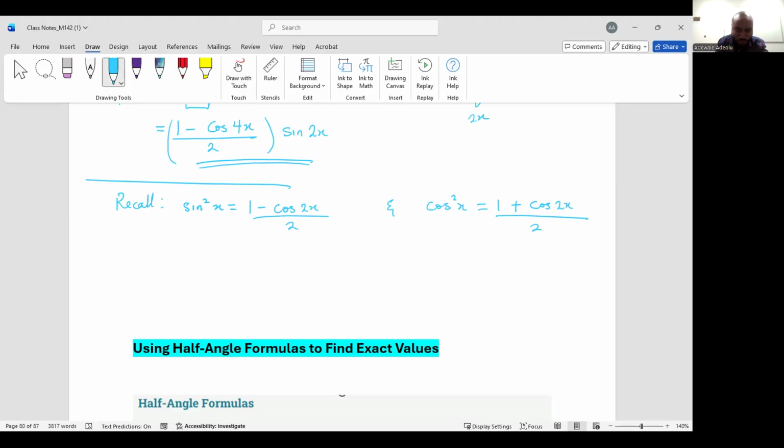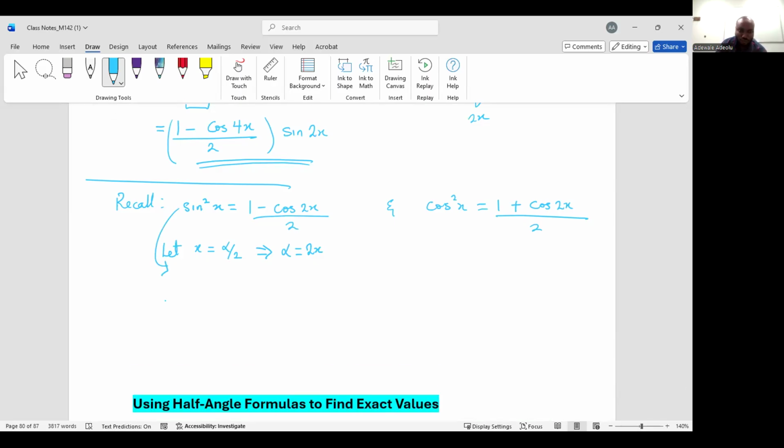Now, I can do something. If I say let x be alpha over 2, that implies that alpha equals 2x, right? So wherever I see x, I can replace it with alpha over 2.